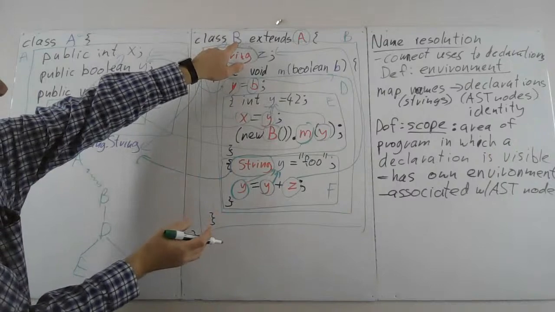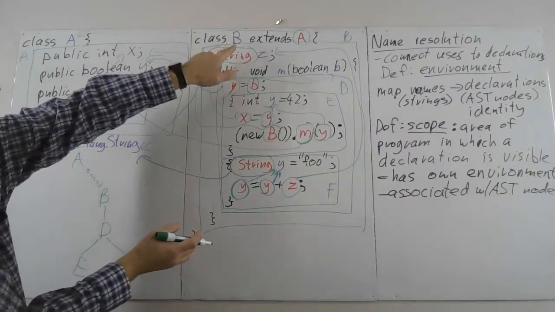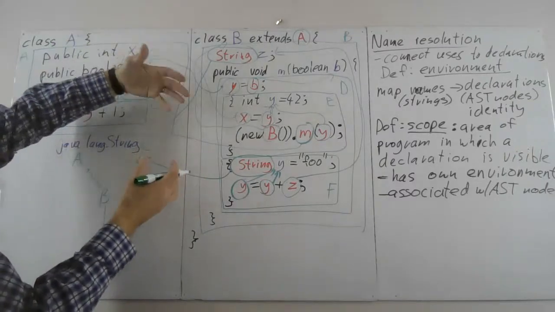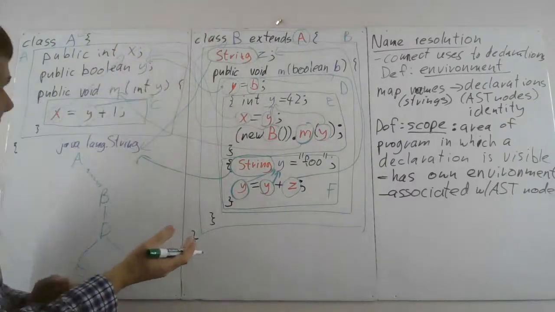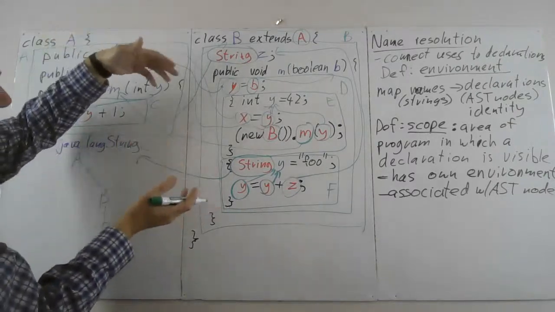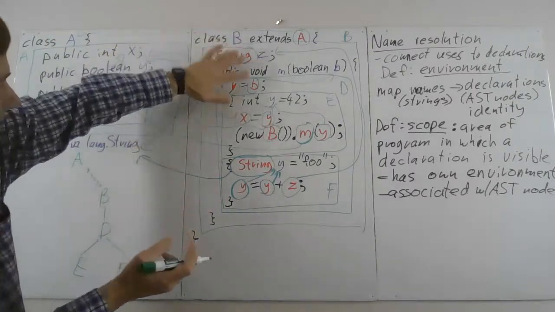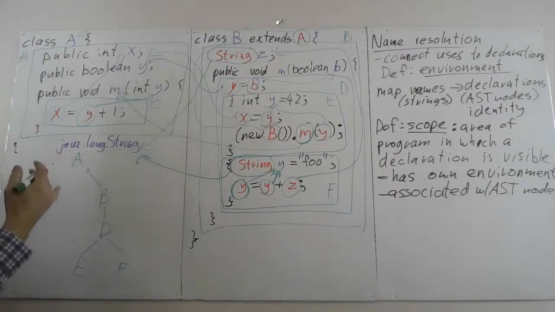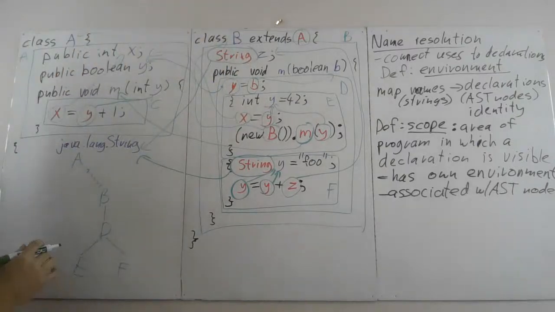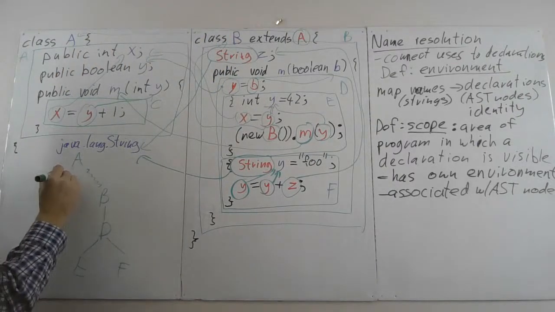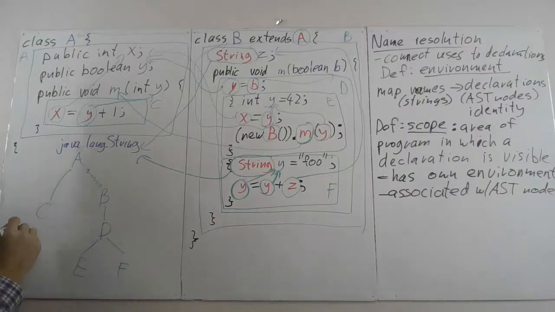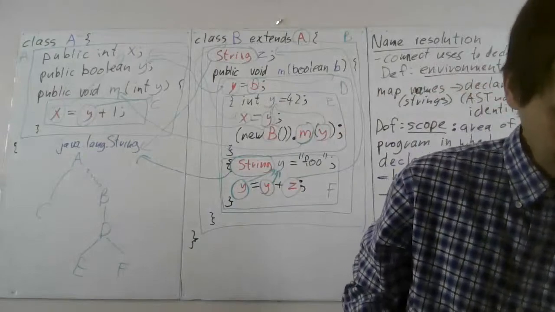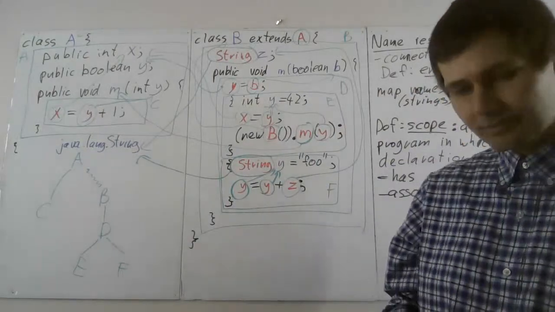Syntactically, the class B is not a nested class of A. It could be a nested class of A, but it is a form of nesting in that inside class B, I can still access the names from class A. Okay, and then I've got scope C nested inside scope A. So scopes are nested.